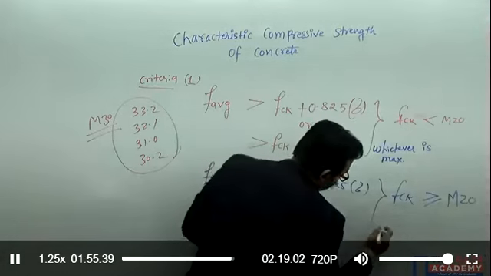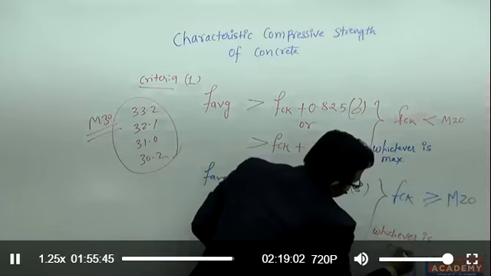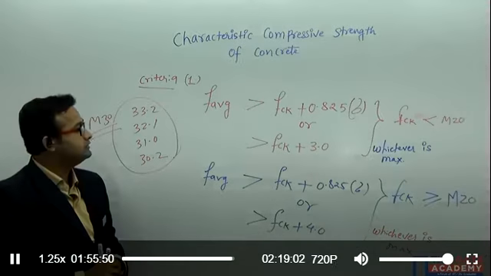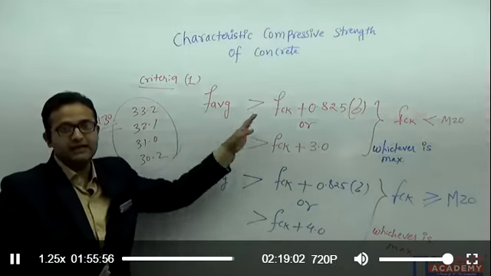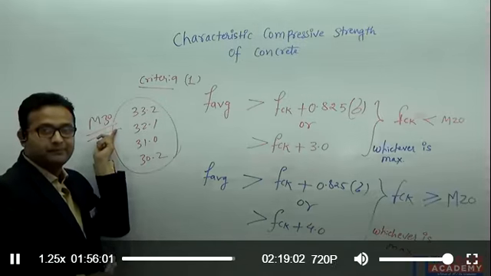Here also whichever is maximum. Okay. So this is your criteria number first. If you can satisfy these conditions, that means whatever the concrete you have prepared for M30, that is acceptable.